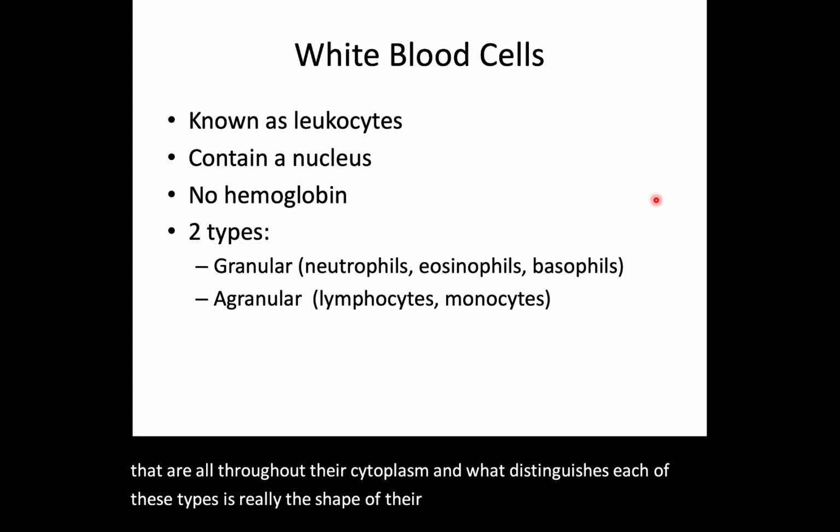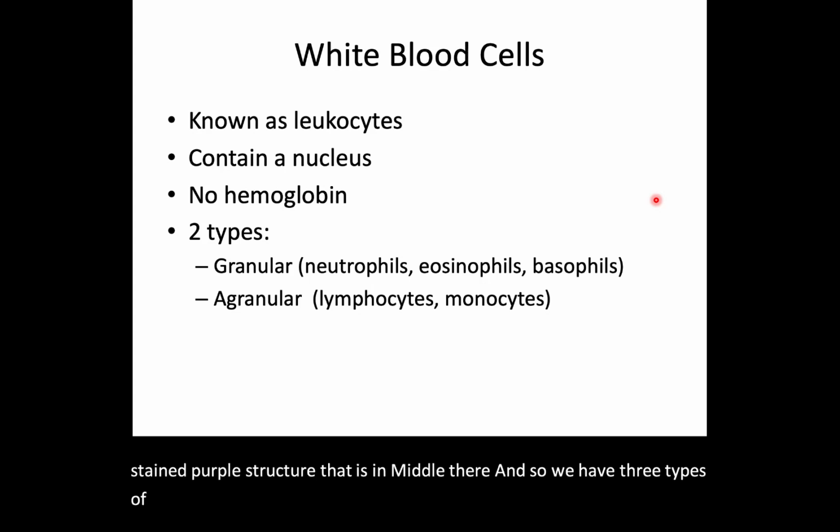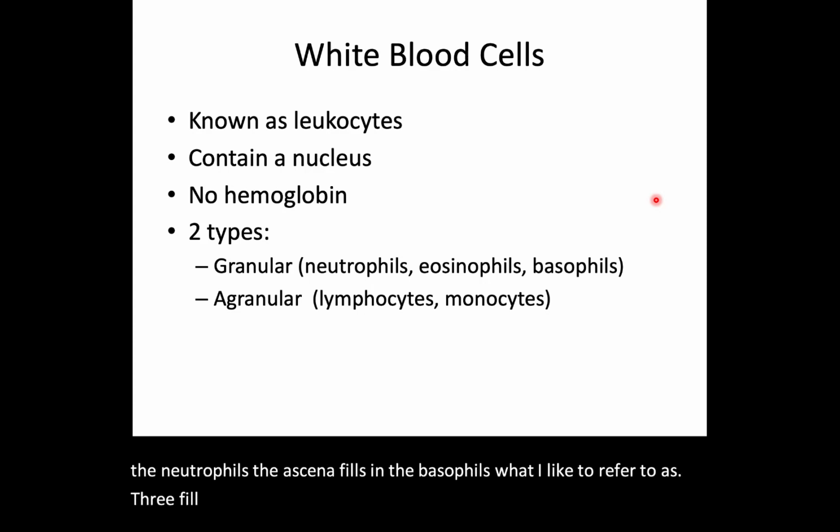The nucleus is that darkly stained purple structure that is in the middle there. And so we have three types of granulocytes that you need to be able to differentiate and identify. The neutrophils, the eosinophils, and the basophils, what I like to refer to as the three Phil brothers. All right. Neutrophils, we already know, are the first responders.